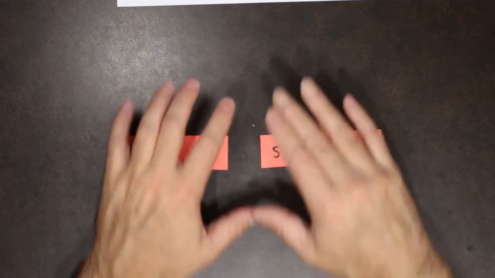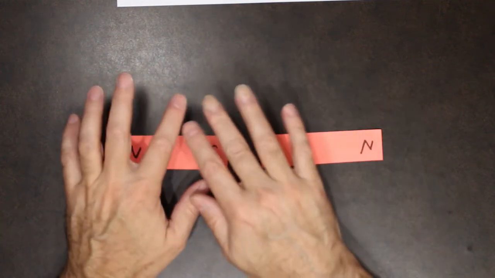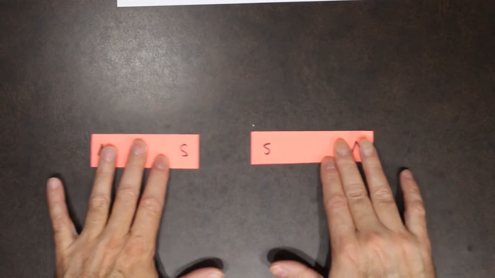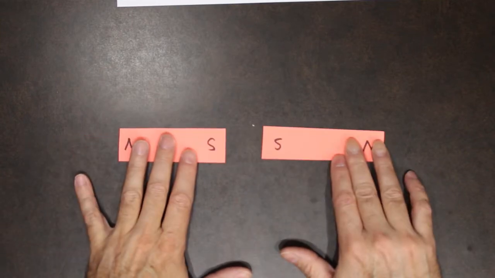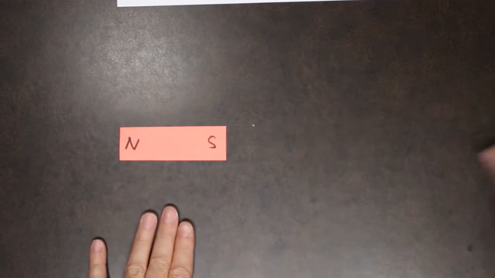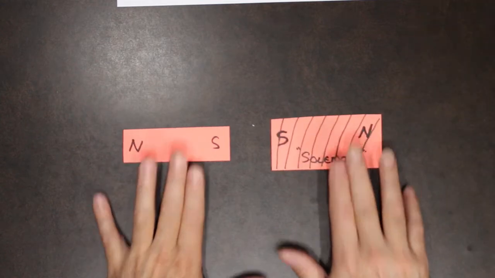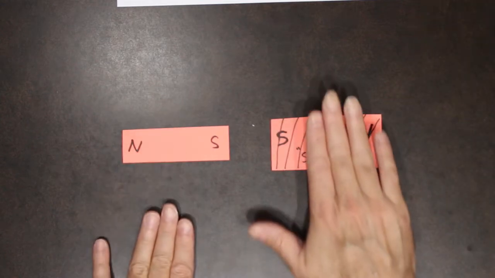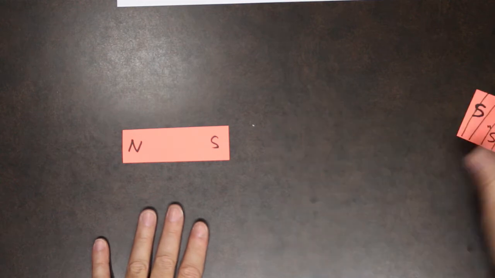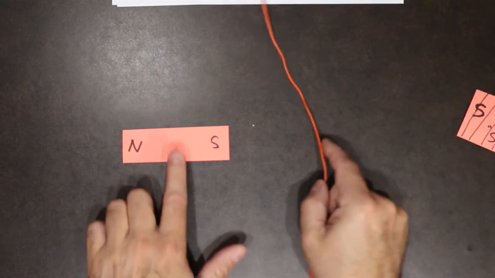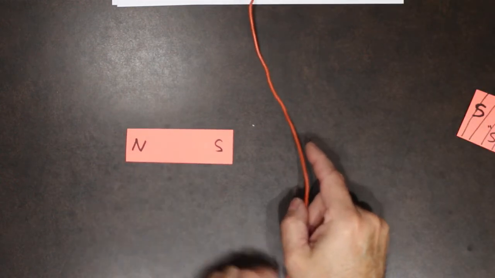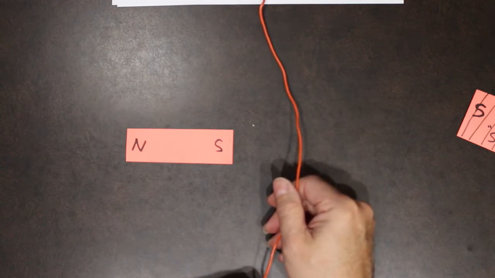It would have the same principle as this and the same principle as this. As long as there's an interaction between two magnetic fields, we can cause movement. In this case, it's two permanent magnets. In this case, it's one permanent magnet and one solenoid or electromagnet. Or in this case, it is one permanent magnet and one conductor.